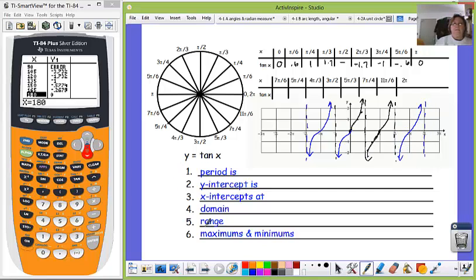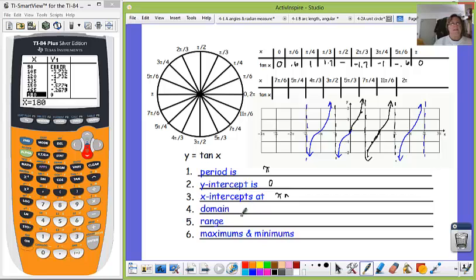Good. Let's talk a little bit about the characteristics of the tangent wave. The period is pi radians this time. Its y-intercept is 0. It crosses the y-axis just that one time at 0, but it has x-intercepts at every multiple of pi. Okay? So pi n are x-intercepts.